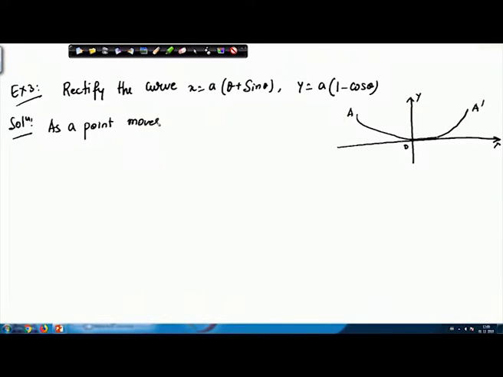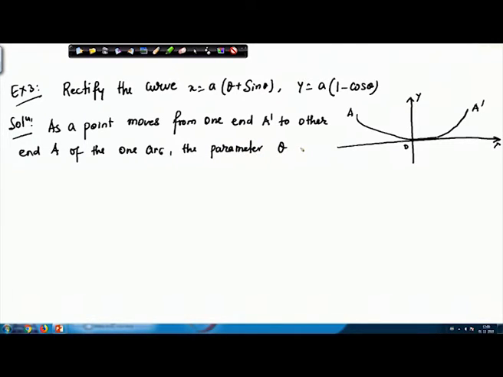moves from one end A dash to the other end A of the one arc, the parameter theta increases from minus pi to plus pi, of course.